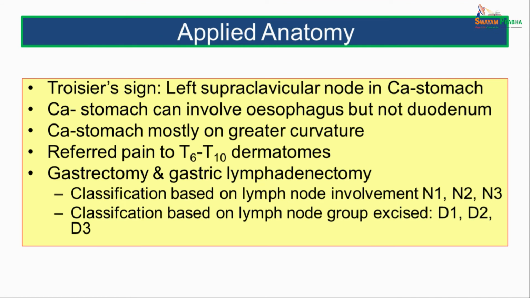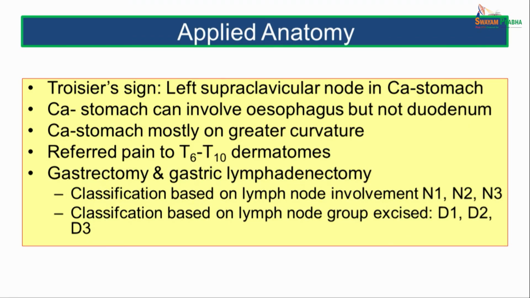The classification based on the lymph node groups which are excised along with the gastrectomy is also of 3 different types. They are known as the D1, D2 and D3 types. In the D1 type, it is a partial gastrectomy which is done, wherein only the tumor mass along with the surrounding tissue is excised and only the regional or local lymph nodes which drain the tumor are excised.